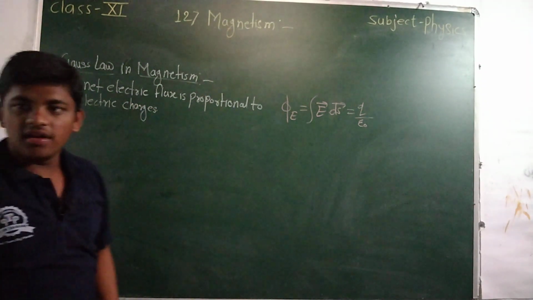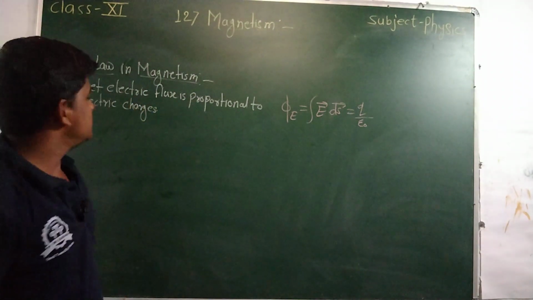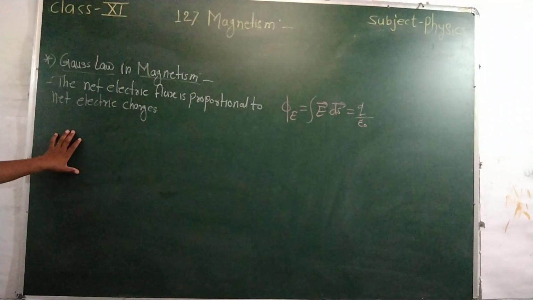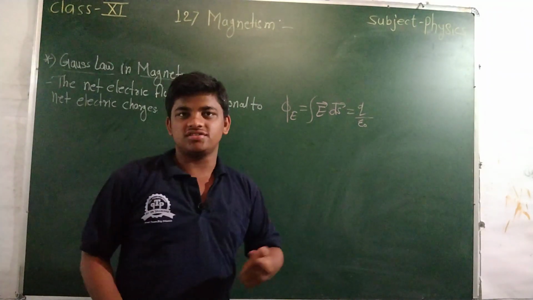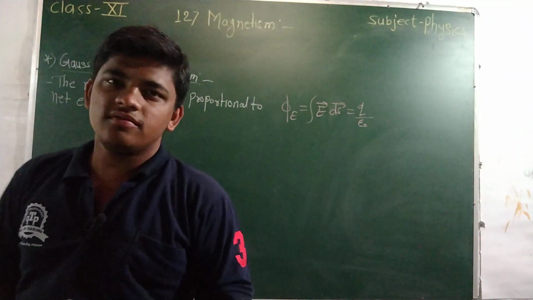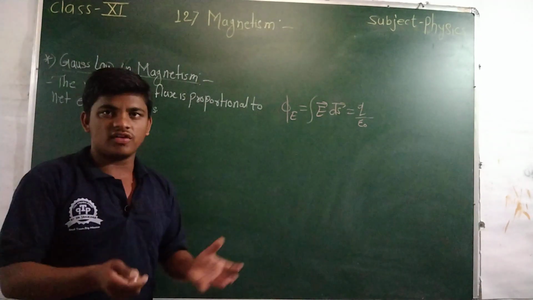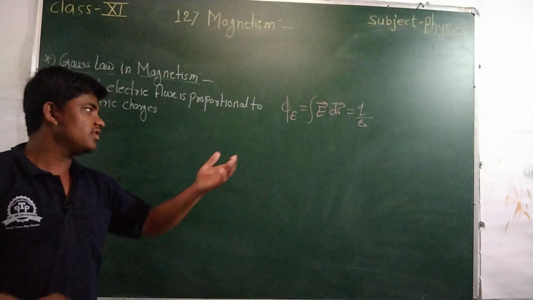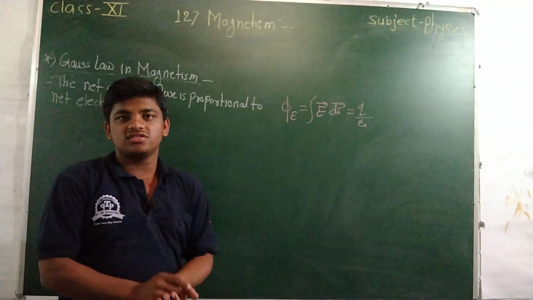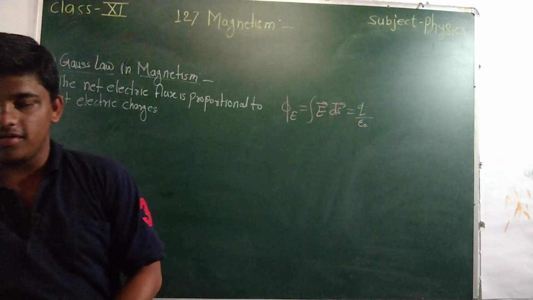We are studying the net electric charges. This is all about the Gauss law in electrostatics. We consider a Gaussian surface, a closed surface, anything we consider, that is surface dS, is a closed surface.